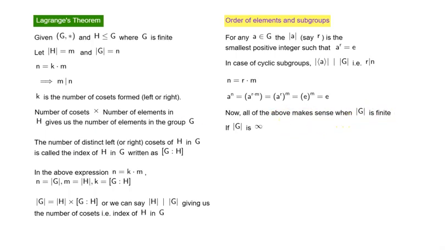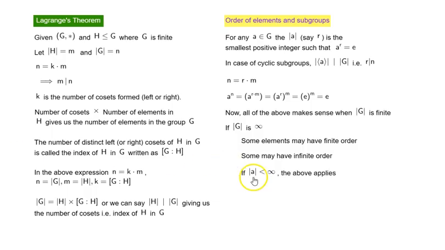So, if the order of G is infinite, some elements may have finite order, some elements may have infinite order. If the order of A is finite, the above applies. If the order of A is infinite, the above does not apply, since A to the power of infinity equal to E is not meaningful.